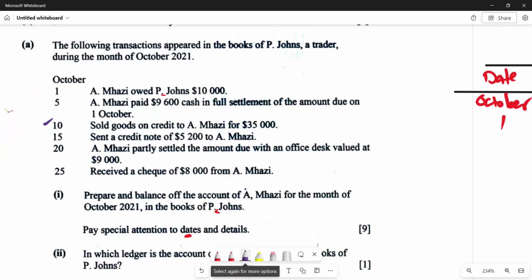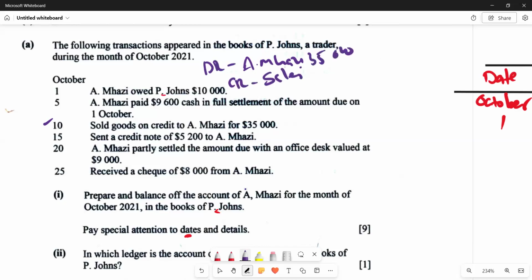It's saying sold goods on credit to AMAS, 35,000. Very simple, this is sales. So we are debiting AMAS. That's the double entry that is there. AMAS, we are debiting, and then we are crediting sales with an amount of 35,000.